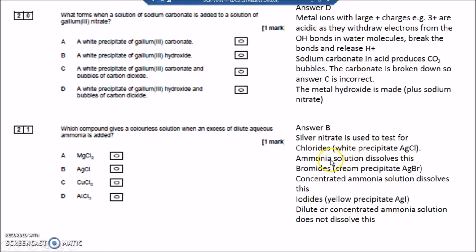Dilute ammonia won't dissolve silver bromide and silver iodide. You need concentrated ammonia solution to dissolve silver bromide, and silver iodide doesn't dissolve in ammonia at all. So you can use ammonia to test your precipitates of chlorides, bromides or iodides to double check whether they're white, cream or yellow. So your answer is B.